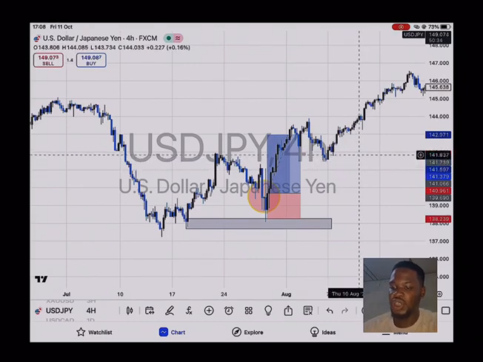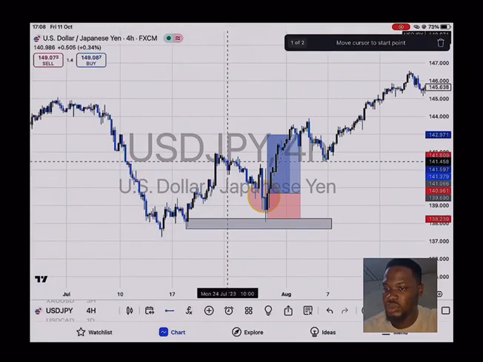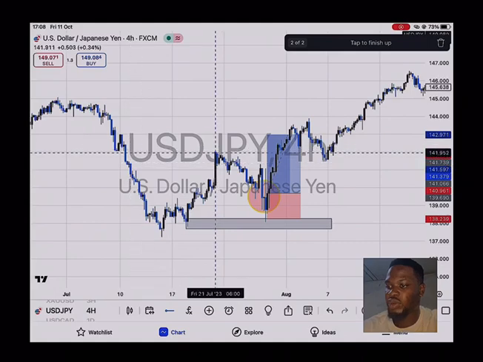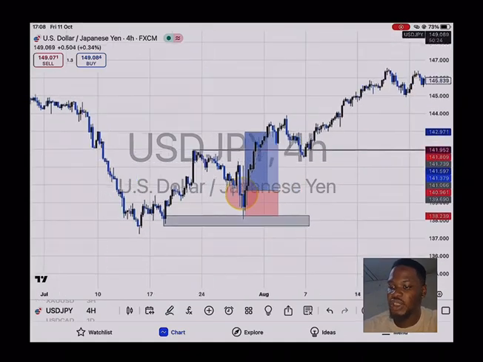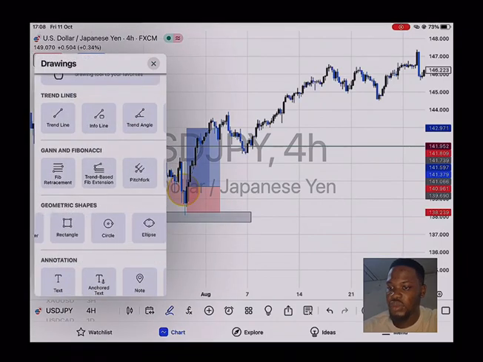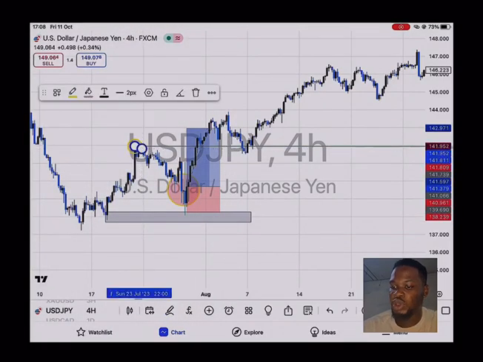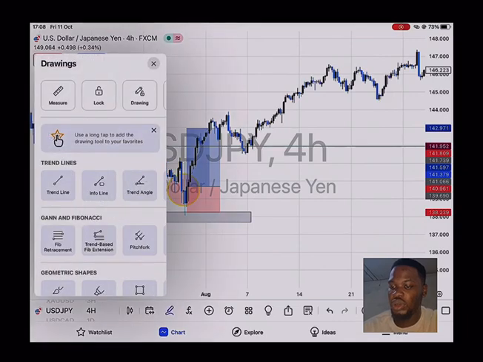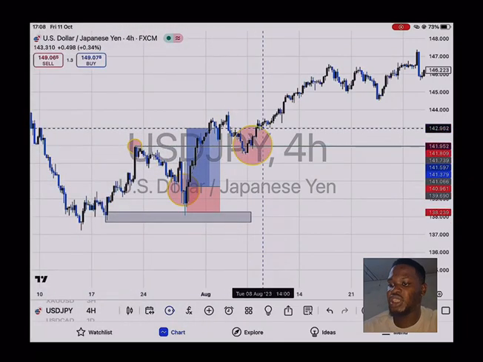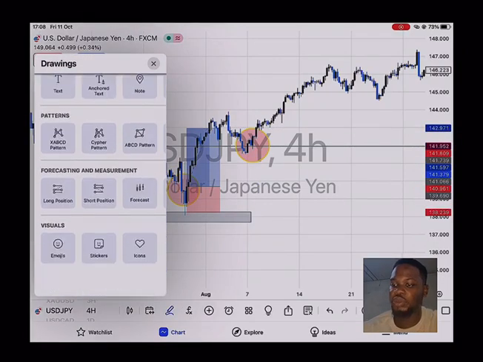Let me cite another one on this particular zone here. Now this was a previous resistance that became support on this zone here. You understand? And you can see the candlestick pattern that was formed here was a bullish engulfing candlestick pattern.